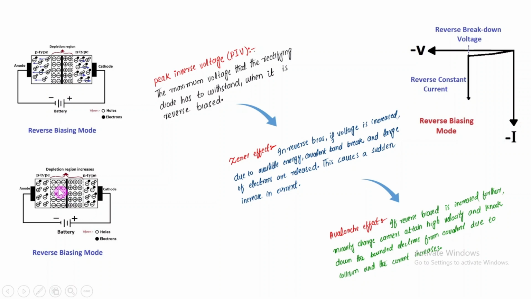That voltage is called the peak inverse voltage. If we increase the magnitude beyond that peak inverse voltage, the Zener effect will occur.